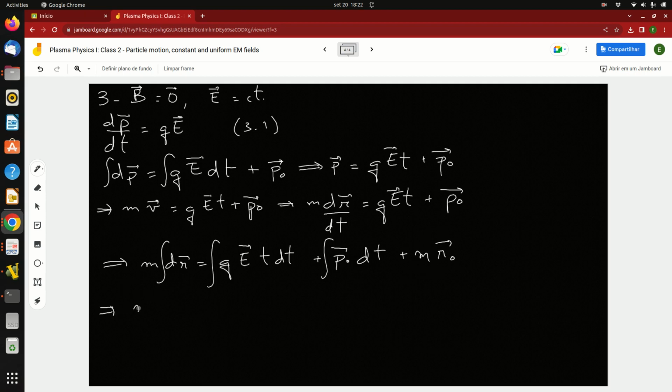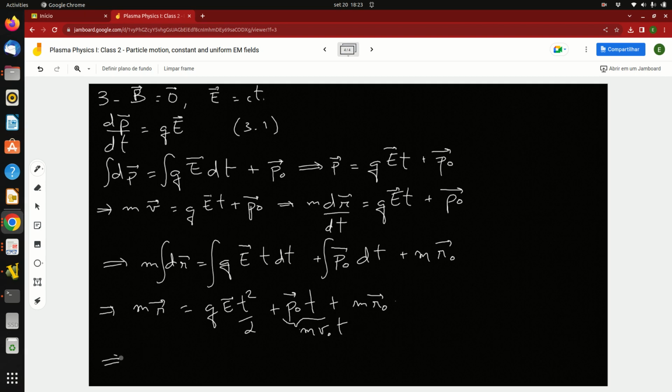Then we have mR equals QE t squared over 2 plus P0 t plus R0 m. But P0 is actually just mass times velocity, right?